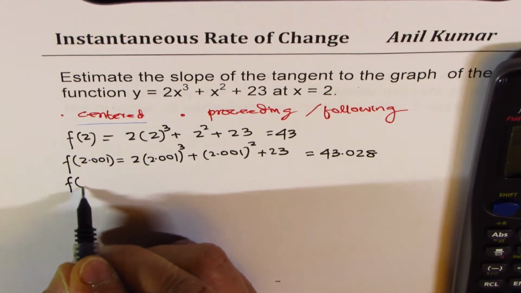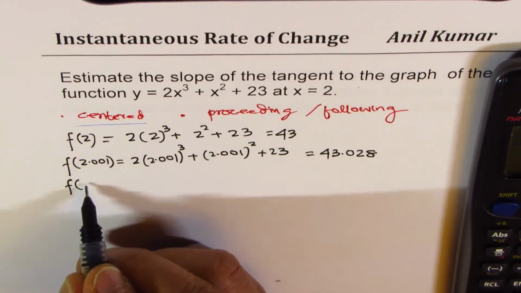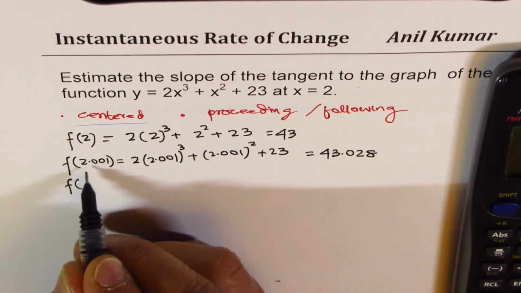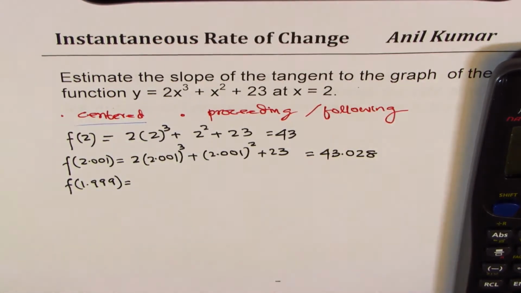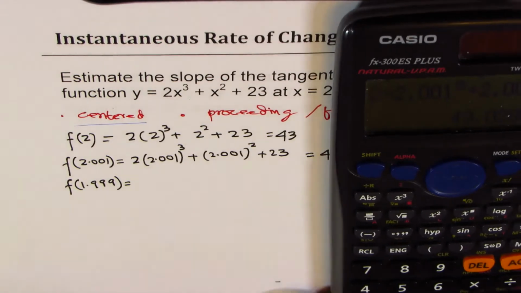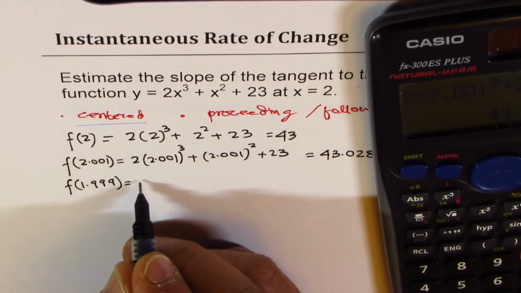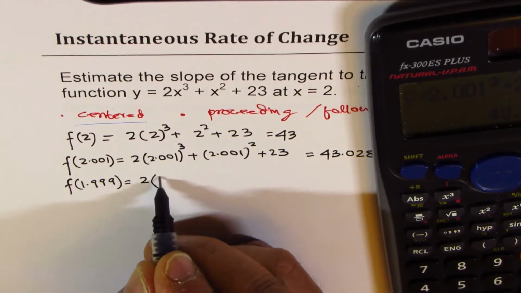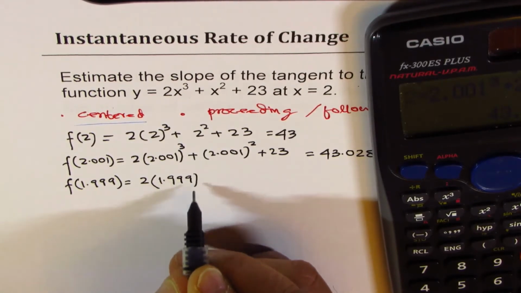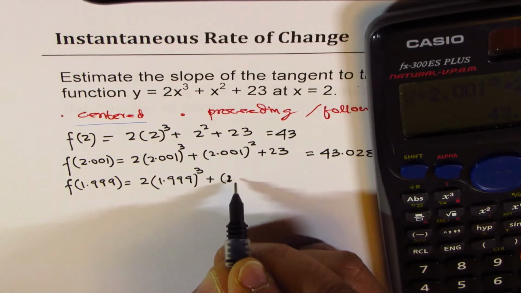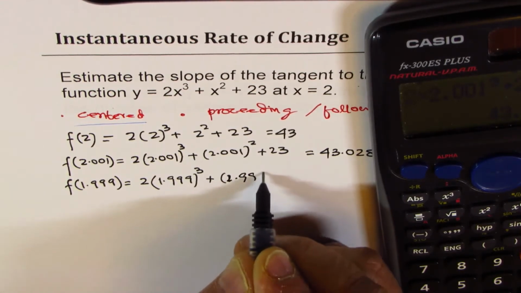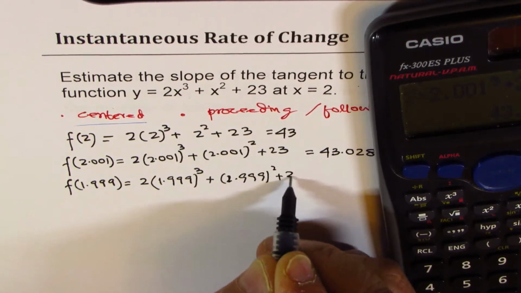Let's calculate a value which is before 2. 0.001 before 2 will be 1.999, correct? So if I replace this by 1.999, I get 2 times 1.999 whole cube plus 1.999 whole square plus 23.